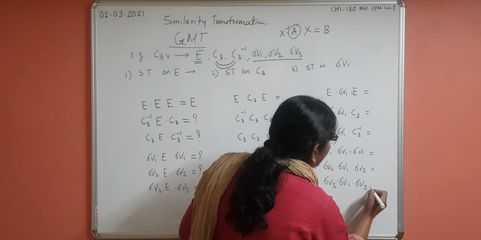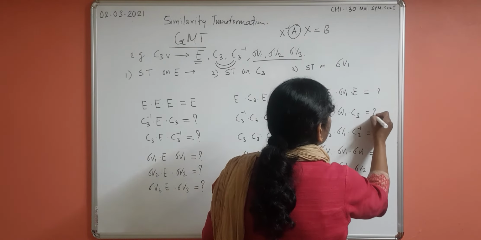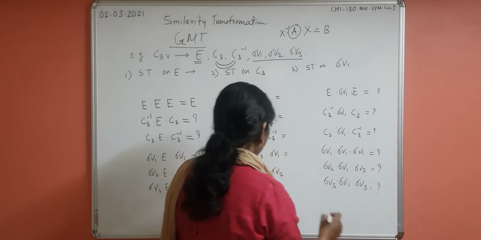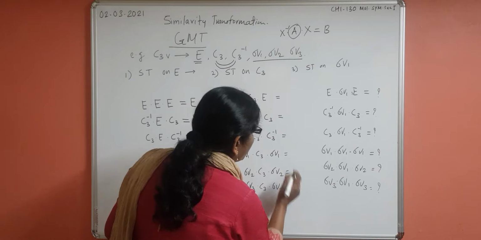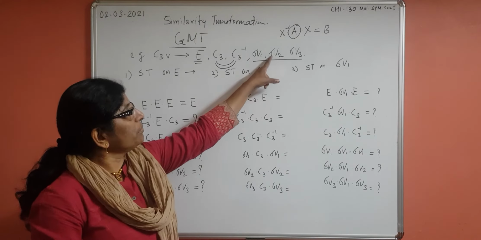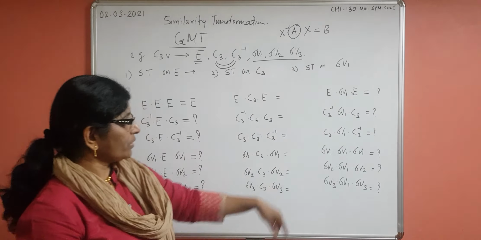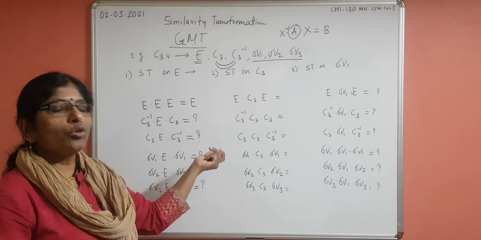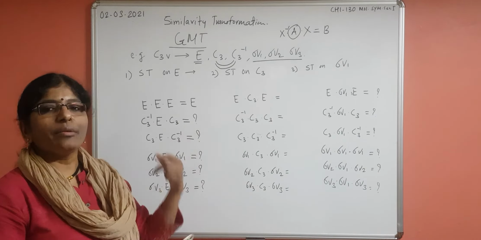Now we need to get these answers everywhere. This is the way. Similarly you can write for sigma V2 and sigma V3 and get the answers. But for this we'll need a group multiplication table. You need to follow.